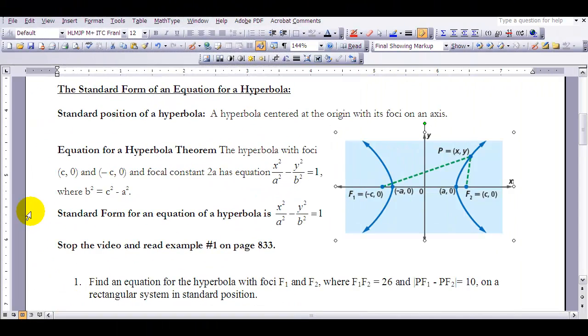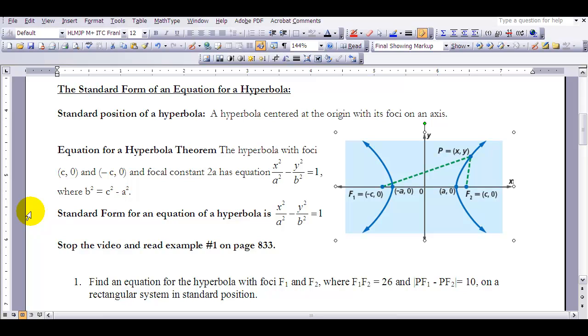Now let's look at the hyperbola from an algebraic standpoint, and we're going to start by looking at the standard position of a hyperbola. That's all we're really going to look at right now: a hyperbola centered at the origin with its foci on one of the axes, either the x-axis or the y-axis.